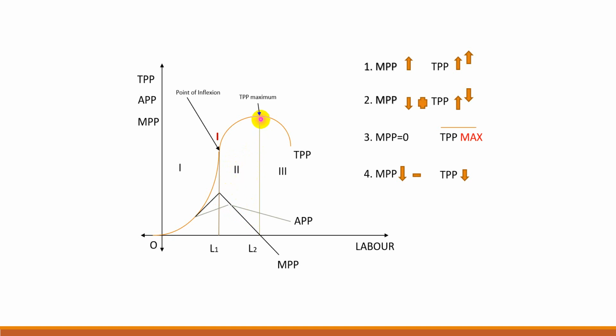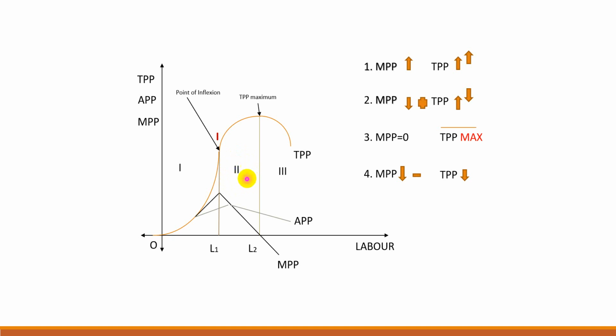In this stage, TPP reaches its maximum. This stage continues till MPP is 0, and this is called the rational producer's optimum stage of production.